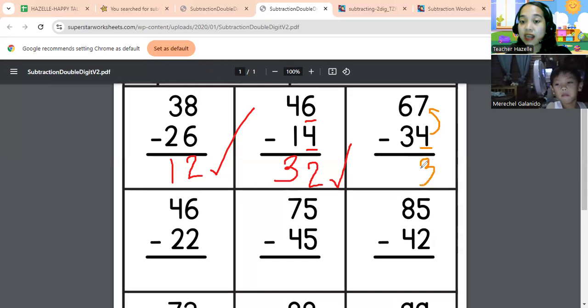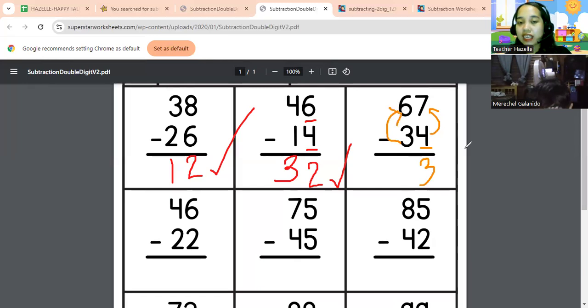And then 6 minus 3 equals how many? From 3, you have to count until you reach number 6.